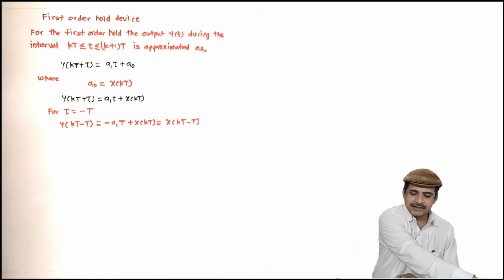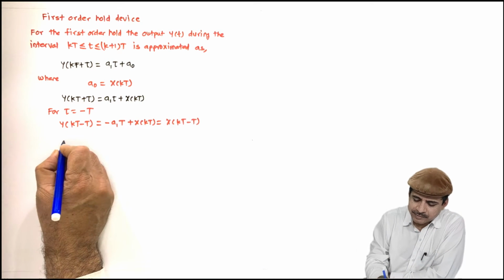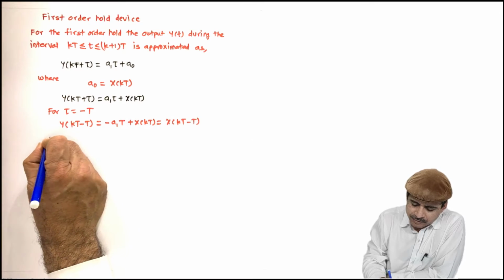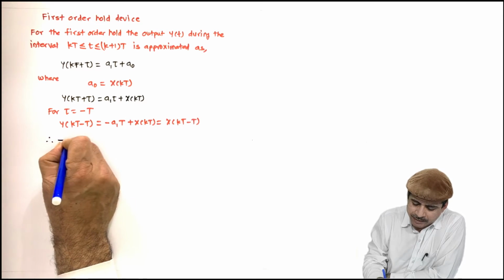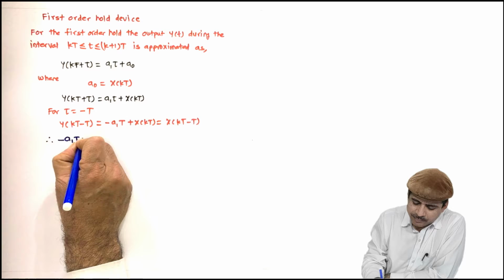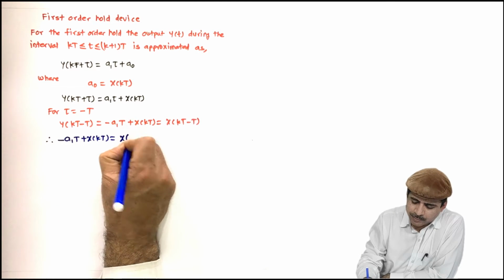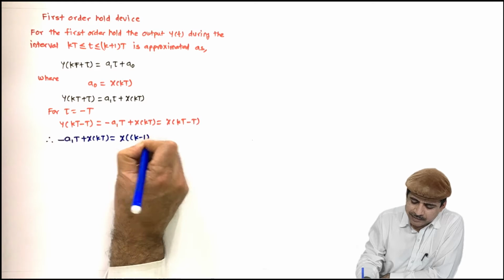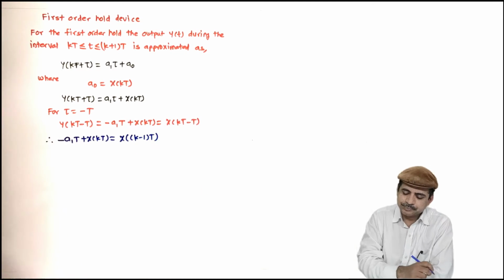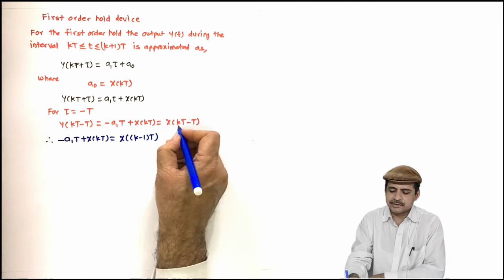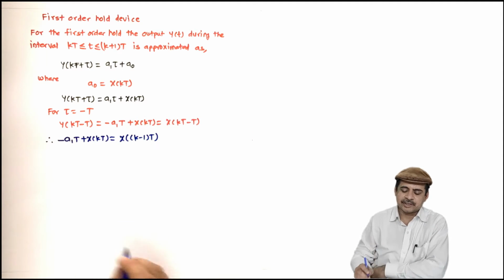So what I can write here is minus a1 T plus x of kT is equal to x of (k minus 1)T. Just T is taken common, we get this expression.